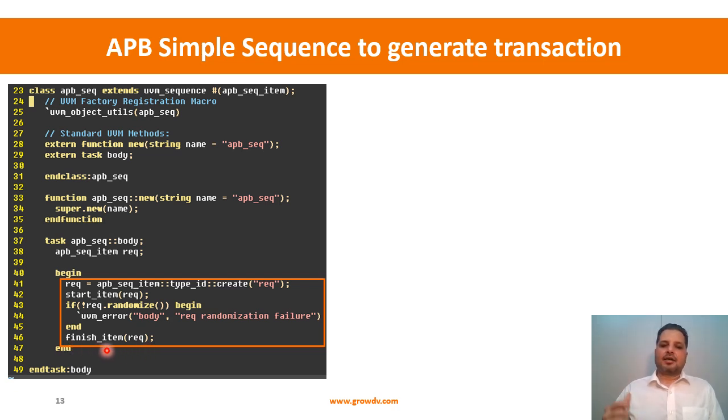The item done and the finish item over here also invoke the adapter, and the adapter copies the data and returns it back to the RAL model to the test where we had initiated the read to the particular register. So this is the way the overall things get stitched.